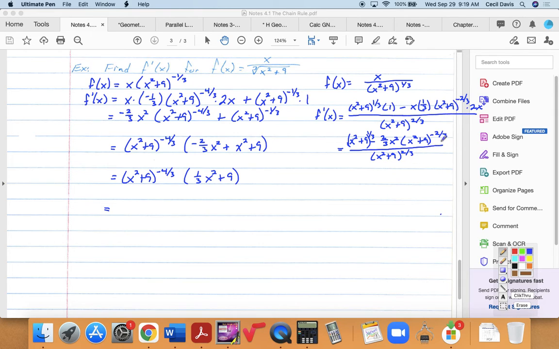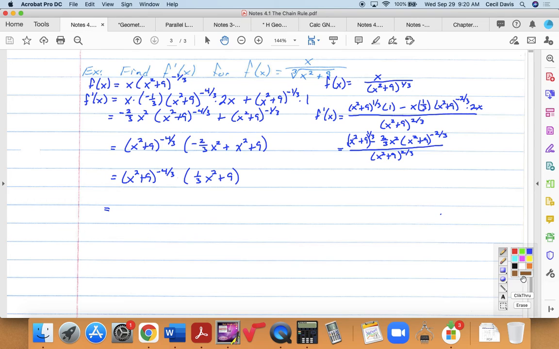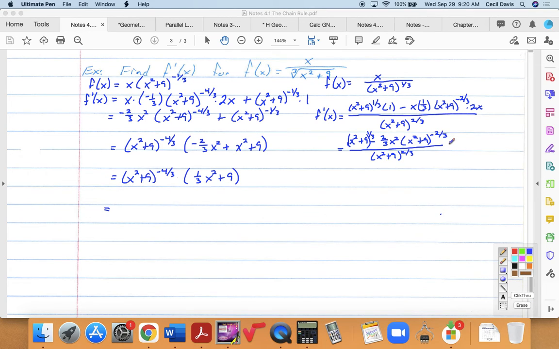This is a complex fraction because of the negative power here. What we would need to do is get some more real estate here, and multiply this by x squared plus 9 to the 2/3 power over x squared plus 9 to the 2/3 power. When we do that, the x squared plus 9 to the 1/3 times x squared plus 9 to the 2/3 is x squared plus 9 to the 3/3, which is just x squared plus 9.